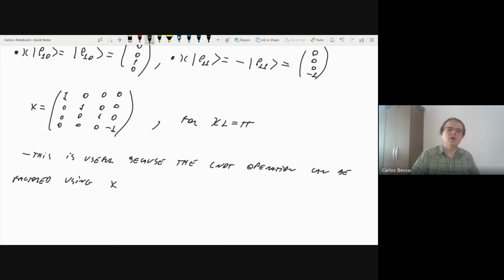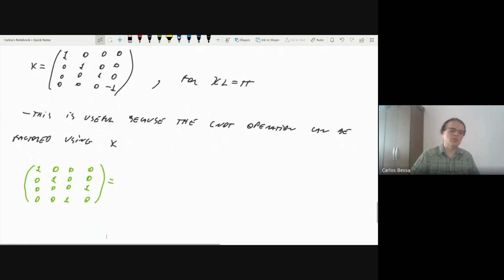So if we remember the CNOT gate, the matrix representation is this one: 1, 0, 0, 0, 0, 1, 0, 0, 0, 0, 0, 1, 0, 0, 1, 0. So this is the matrix representation for the CNOT gate.